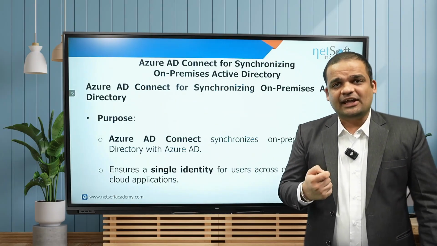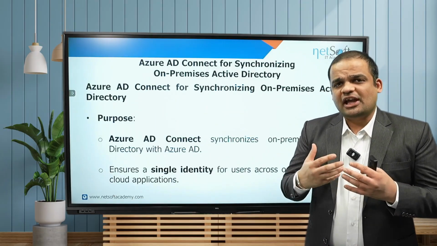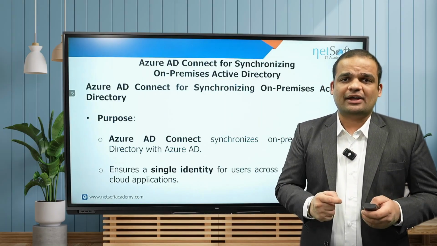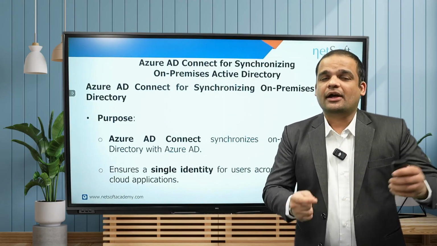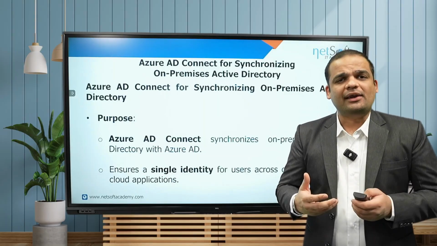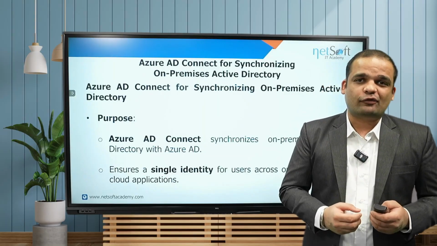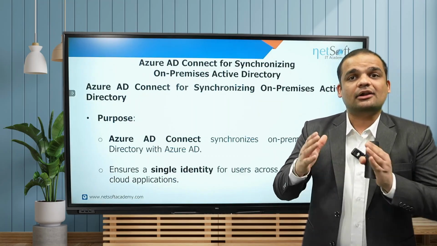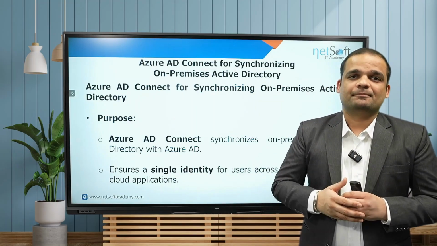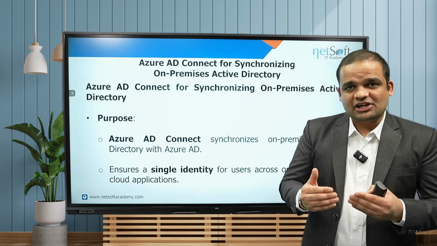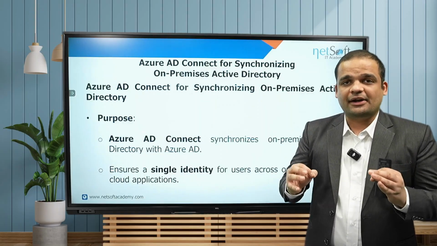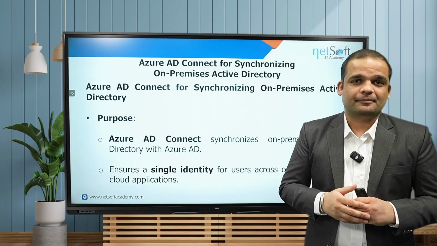Well, this agent will actually ensure that your on-premises Active Directory is synchronized with Entra ID, providing a single identity for users across both on-prem and cloud infrastructure. This synchronization is essential for managing user access in hybrid environments specifically.